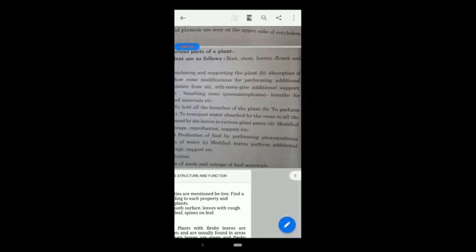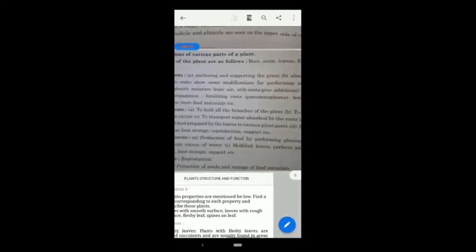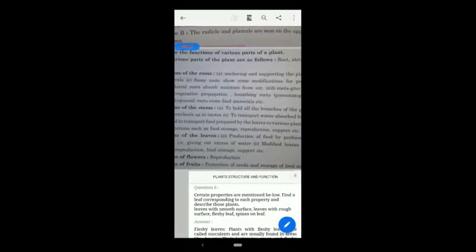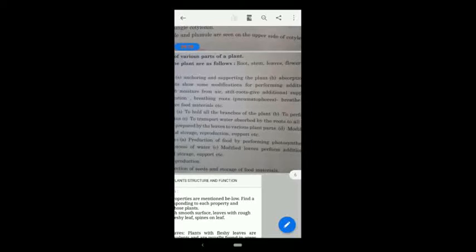The third function of the stem is to transport water absorbed by the roots to all the parts of the plant, and to transfer the food prepared by the leaves to the various parts of the plant.